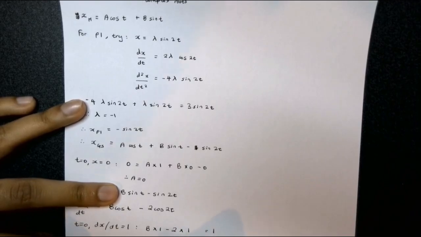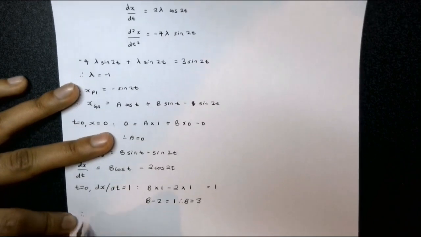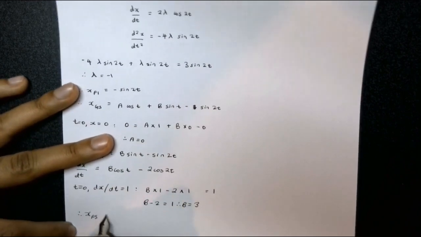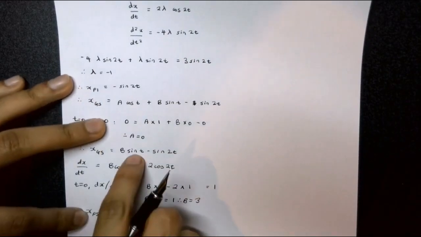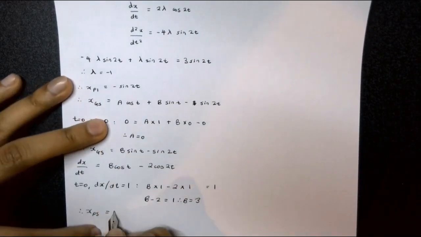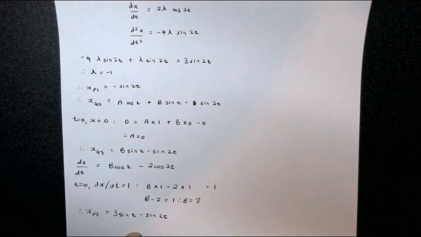So we've got b minus 2 equals 1, b equals 3. So therefore the particular solution, x_ps, that's equal to, if we substitute back into here, we've got 3 times the sine of t minus sine of 2t. This is our final answer.